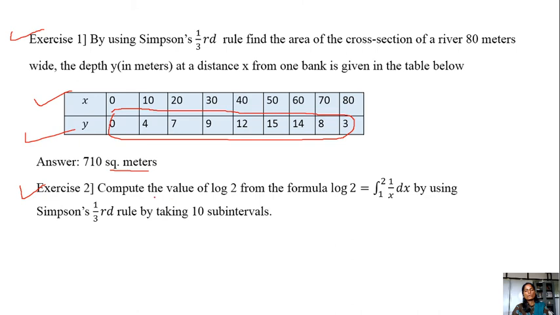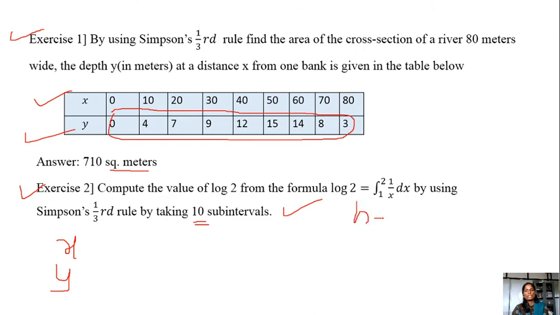Next, compute the value of log 2 from the formula given. We have to divide this interval into 10 subintervals. Here 10 is even, and we can apply Simpson's one-third rule. So prepare the table like this, with x in the first row and y in the second. What is h here?